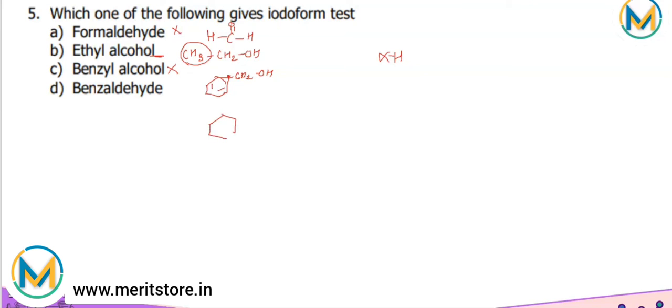It is benzene attached with C double bond OH. This is the functional group carbon, and this is the alpha carbon, and this carbon also does not have an alpha hydrogen atom. So this cannot give the iodoform test. So the correct answer which can give the iodoform test is option B, ethyl alcohol.